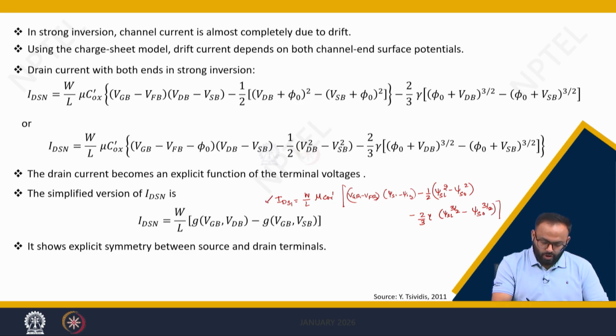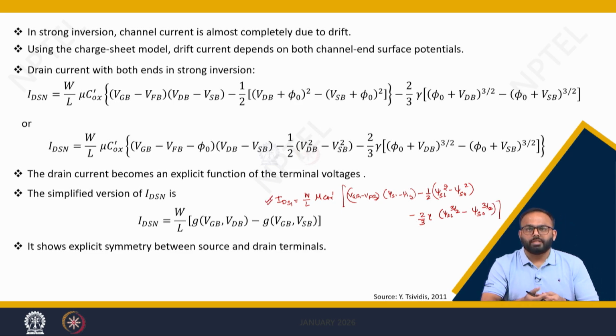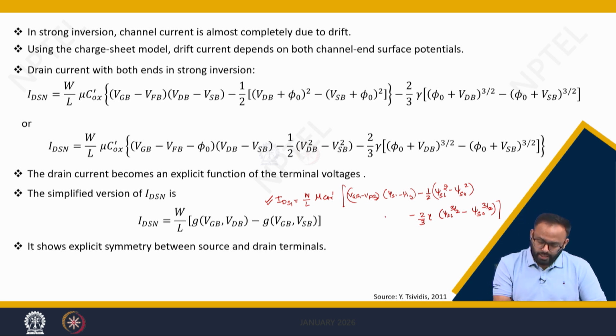This equation of drain current is in terms of surface potential at the drain side and source side respectively. However, the goal here is, can I represent this drain current equation in terms of terminal voltages?